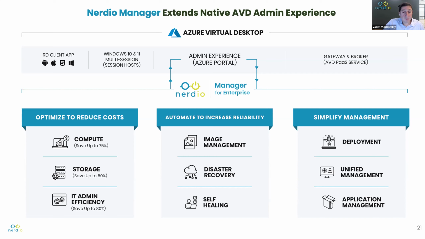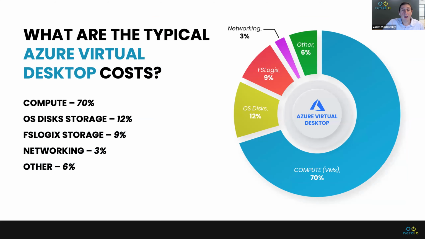So with that, let's move on and focus on one of the areas that we mentioned, and that is the cost optimization. So if we look at what makes up the cost of a typical AVD deployment, we'll find something that won't be surprising to anyone, but that is the compute and the storage costs of an AVD deployment make up over 90% of that cost, right?